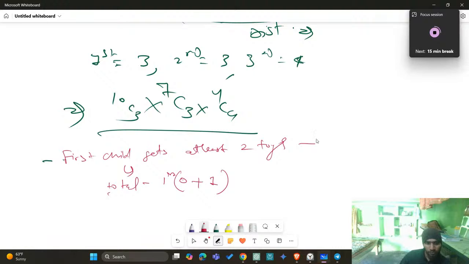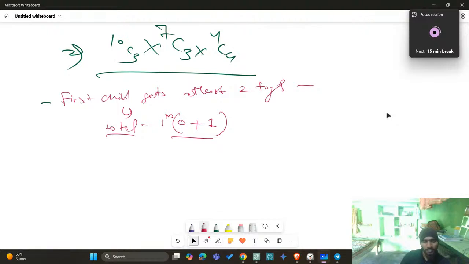So how many ways can we distribute in total? Here, guys, every toy has 3 choices. It can go to the first child, the second child, or the third child. So 3 to the power 10 is the total number of ways. For the 0 case, when the first child does not get any, every toy has only 2 choices, so 2 to the power 10.